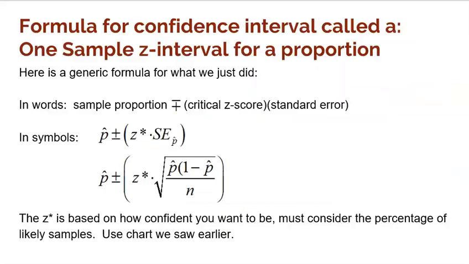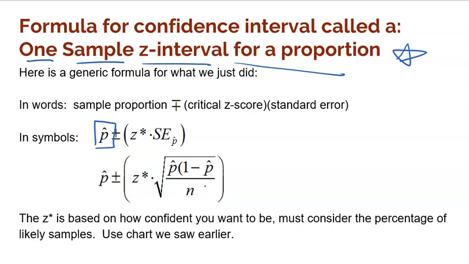All right, so here is a generic formula for what I just did. The name of this is called a one sample Z interval for a proportion. Very long name, but it is important that you know that name. All right, in symbols, all this is your p-hat plus or minus your critical z-star times the standard error.